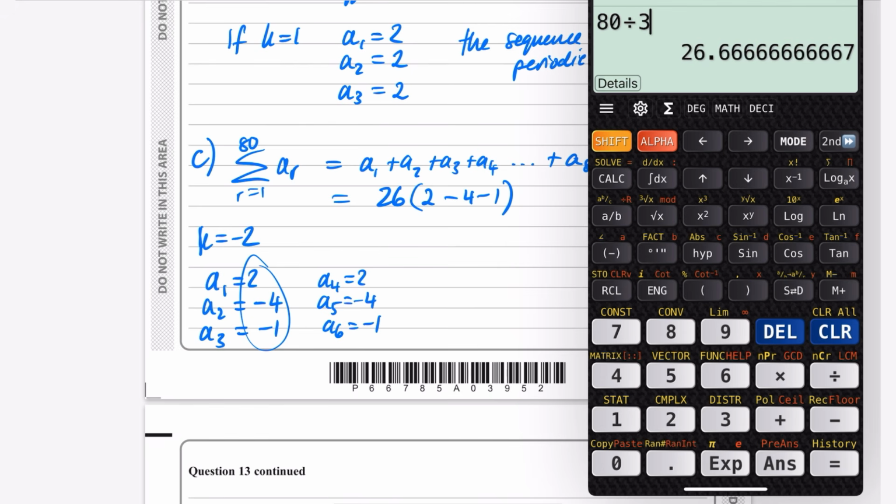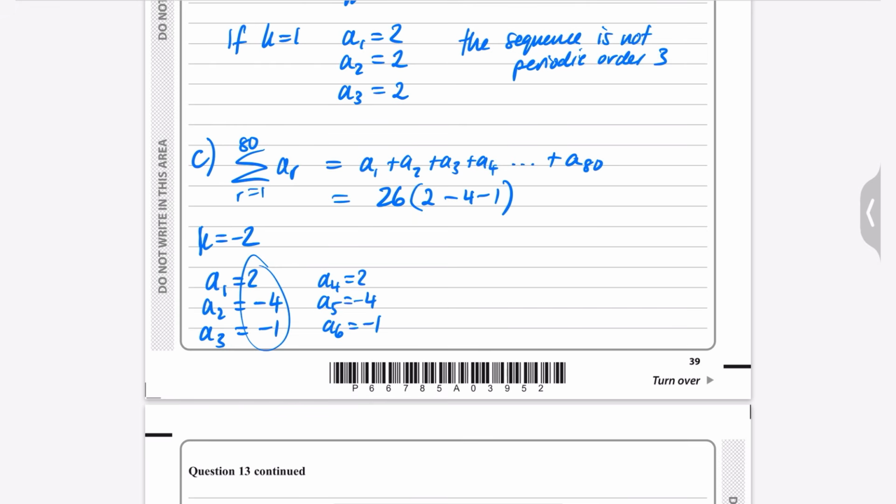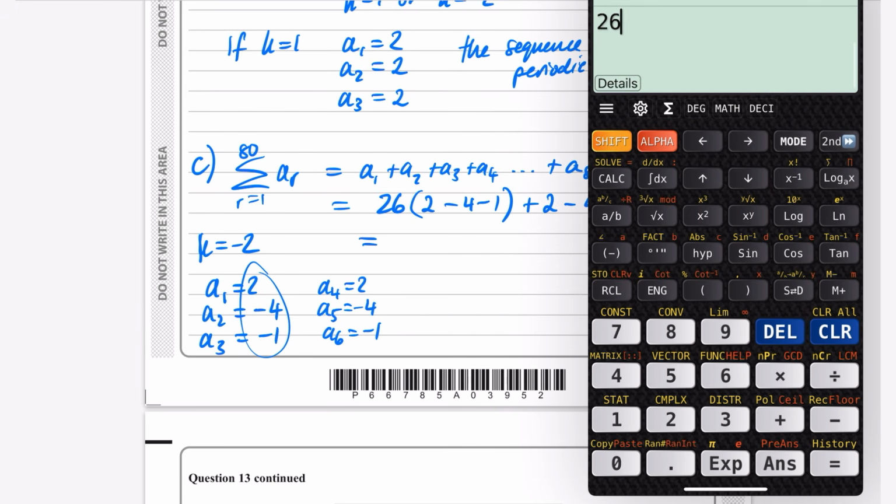And then it says 0.666, meaning that there's 2 extra bits: an extra 2 and an extra minus 4. All that's left to do is calculate this. So that's 26 brackets 2 minus 4 minus 1, close brackets, plus 2 minus 4. And we get that the answer is minus 80.